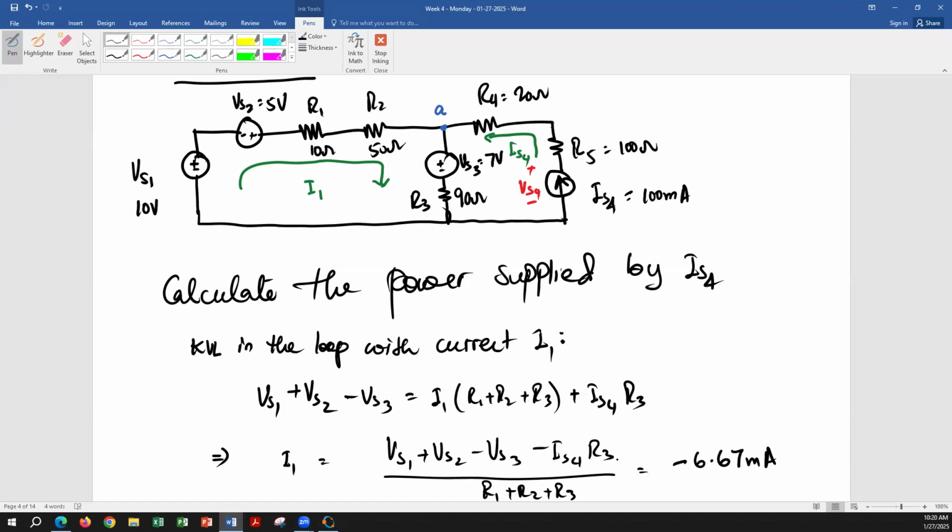Yeah, VS4 minus. Okay. Okay, good. IS4. All right, what else?